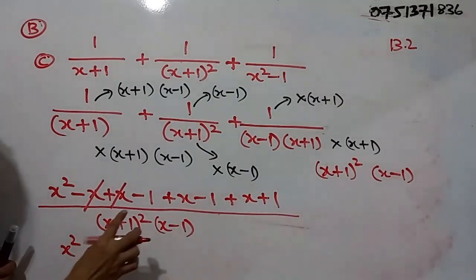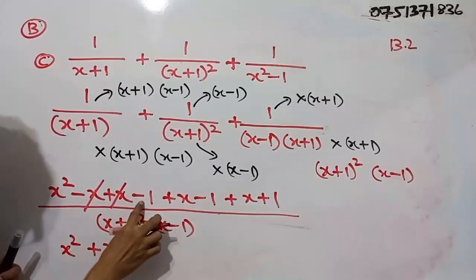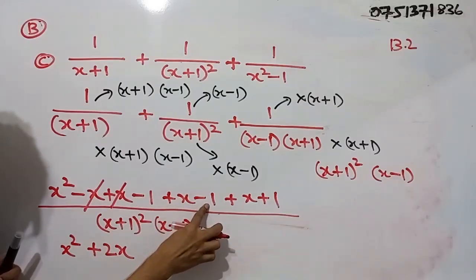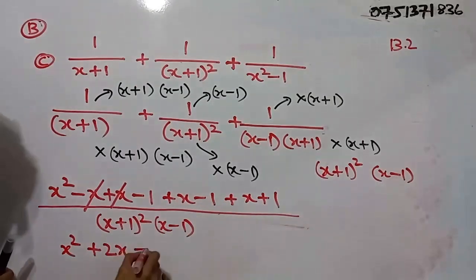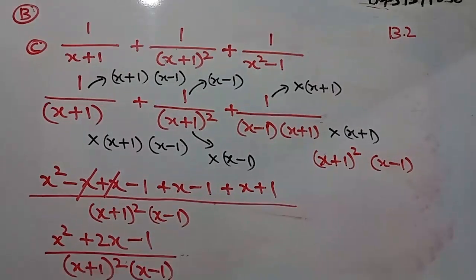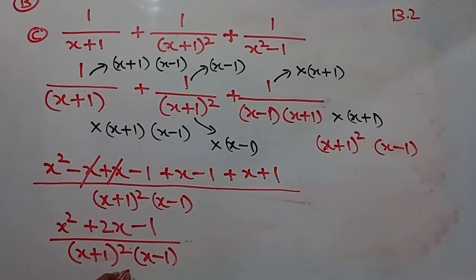Then we have a minus 1. Minus 1, that means minus 2 or negative 2. Negative 2 plus 1 means negative 1. Then this entire expression needs to be divided by the LCM. So this should be the answer.